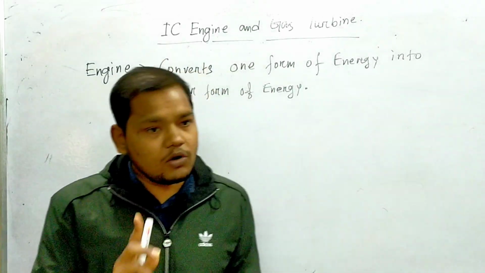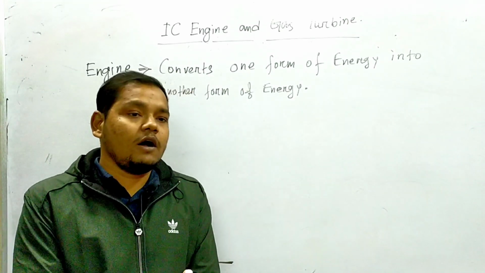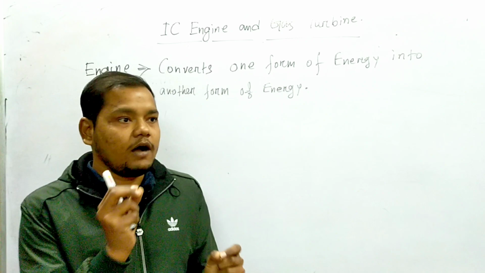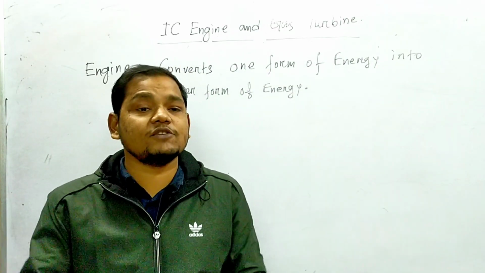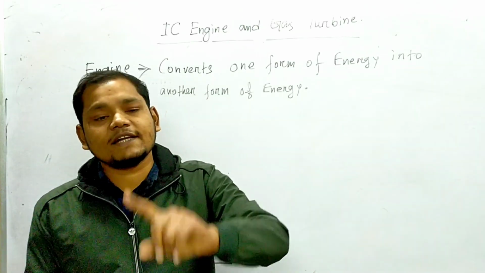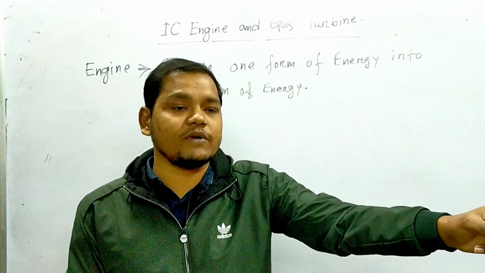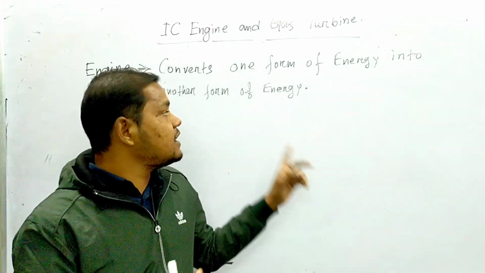There are different types of engine which use the basic energies, that is, electrical energy, mechanical energy or heat energy, and that can be converted into another form of energy, and that purpose can be accomplished by the engine.